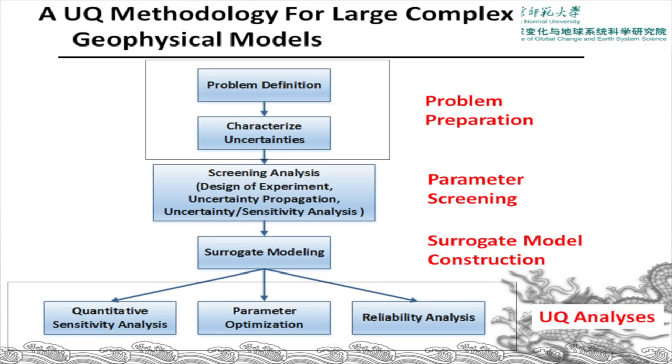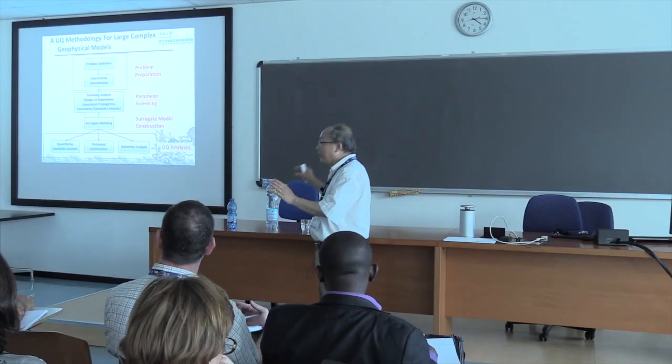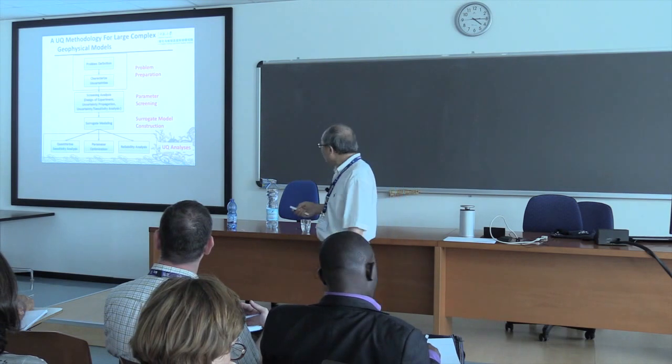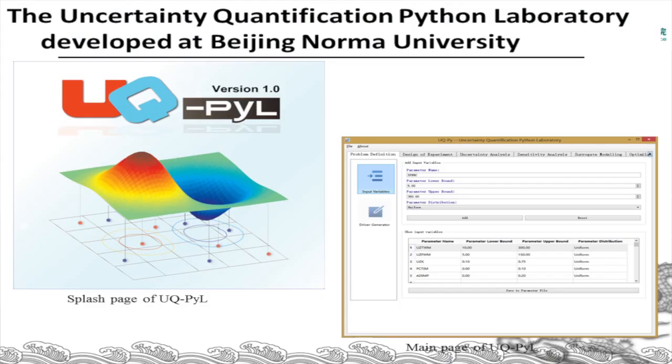You reduce the complexity of the problem, and then there's another technique called a surrogate model. Once the surrogate model is constructed, you don't have to run your dynamic model anymore. Once you have that, you can do other kinds of analysis. So that's the idea.